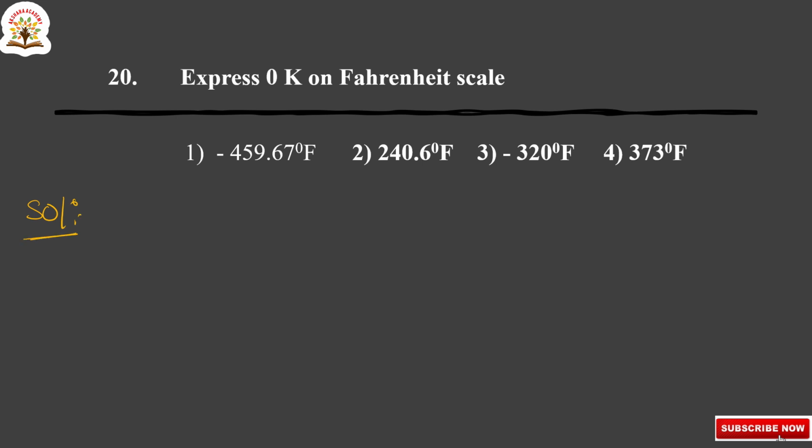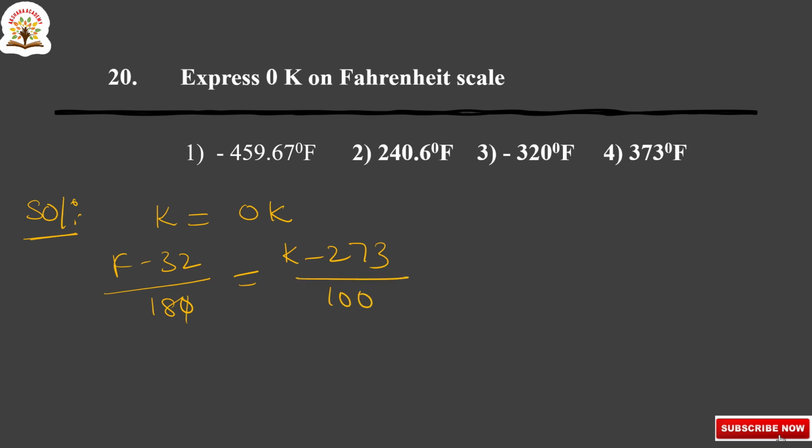Here they given Kelvin K is equals to 0 degree Kelvin. So the relation between Fahrenheit and Kelvin is, here we are converting Kelvin to Fahrenheit. F minus 32 by 180 is equals to K minus 273 by 100.